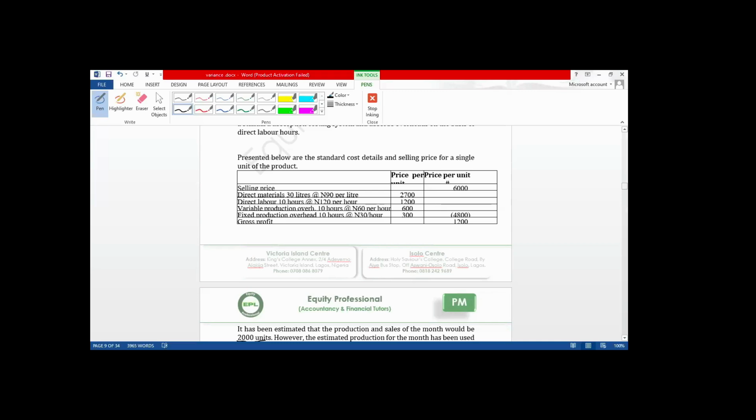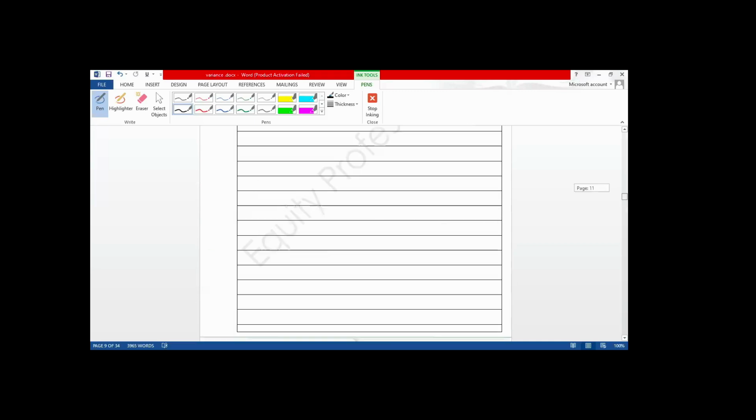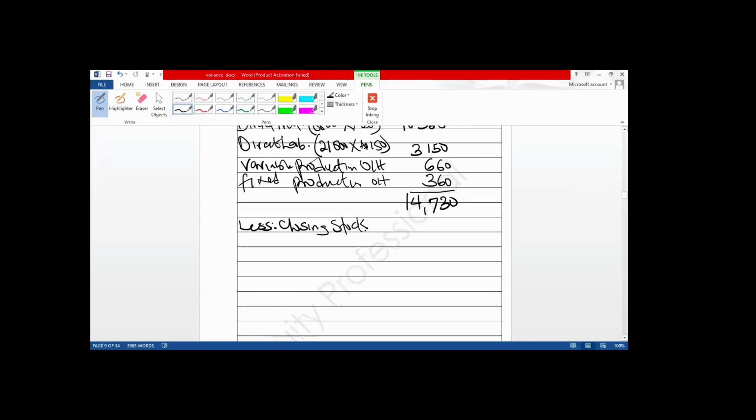Our unsold stock, we have 400 units to be valued at 4,800 naira per unit. Please multiply. That will give you 1,920,000.